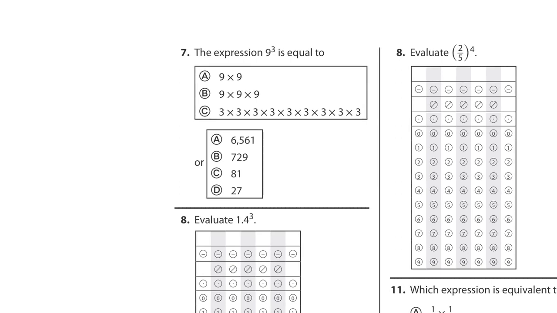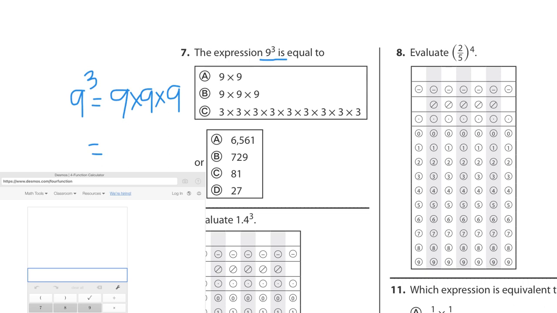Here we have the expression 9 to the third power is equal to A, B, or C. So we need to write 9 to the third power is going to be 9 times 9 times 9, which is, in our calculator, let's see.